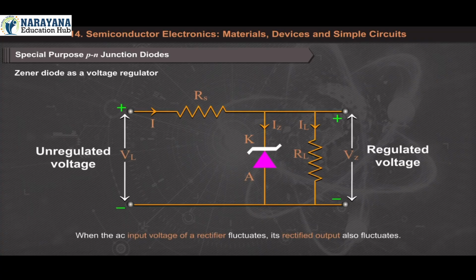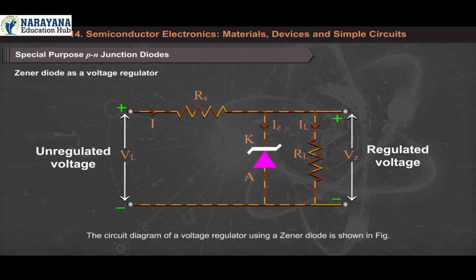When the AC input voltage of a rectifier fluctuates, its rectified output also fluctuates. To get a constant DC voltage from the DC unregulated output of a rectifier, we use a Zener diode. The circuit diagram of a voltage regulator using a Zener diode is shown in figure.